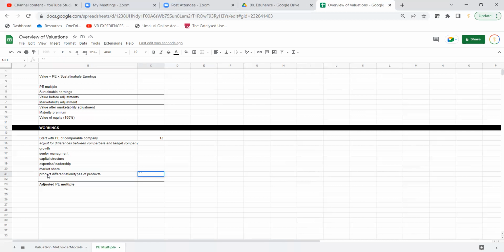Market share: if your company has a bigger market share, so your company is better, you will have a plus. If your company is worse off, you will have a minus. So you put a plus if your company is better, you put a minus if the other company is better.